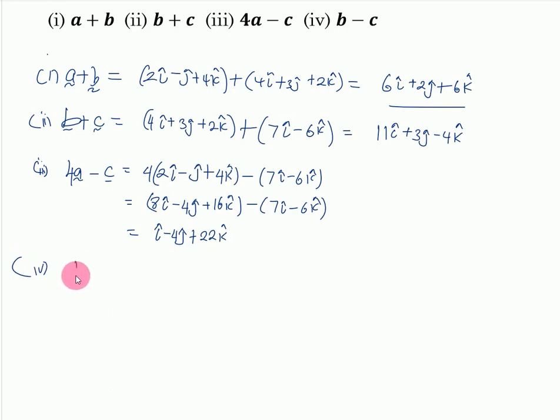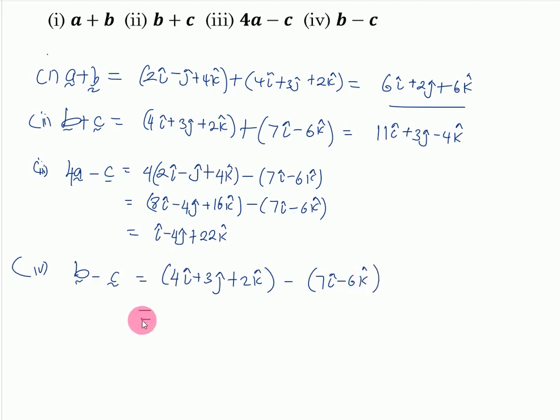The other one is now Roman 4, which is asking for b minus c, and b is the vector 4i plus 3j plus 2k, minus c, which is the vector 7i minus 6k.